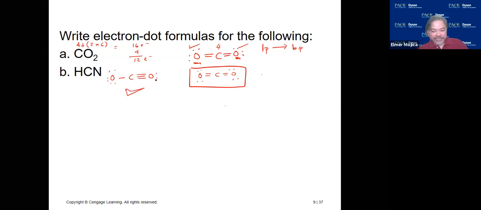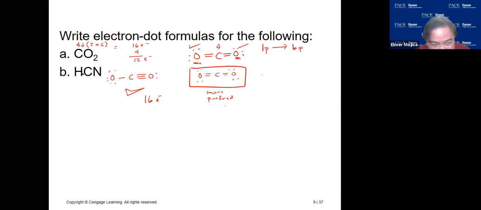But later on in this chapter, I will tell you why this is not possible, why this one is more preferred compared to the other one. When I say it is possible at this time, it can account for all the 16 electrons. But later on, you will see that this is more preferred compared to that one.